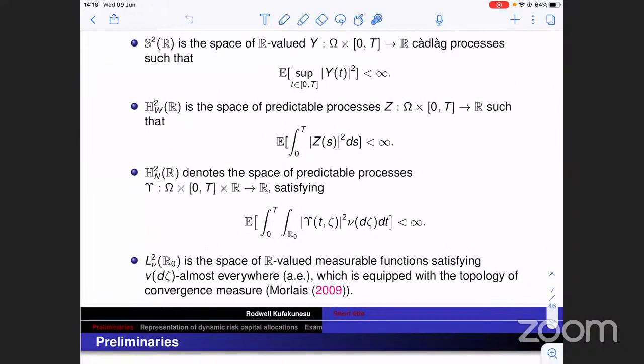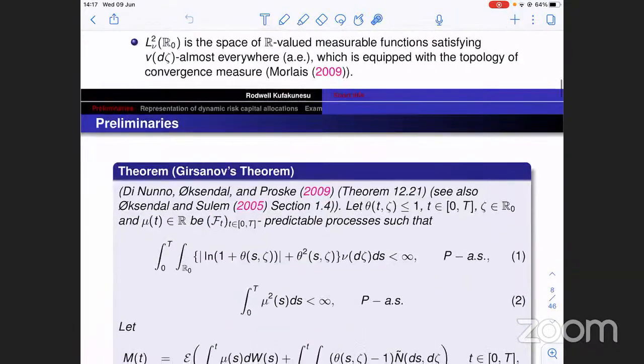We also have the predictable process for the jumps. This is for the diffusion. For the jump process, we'll have that. Basically that's what we need.